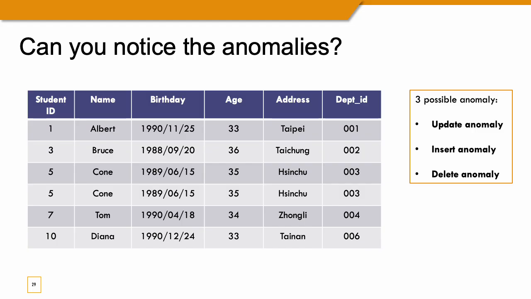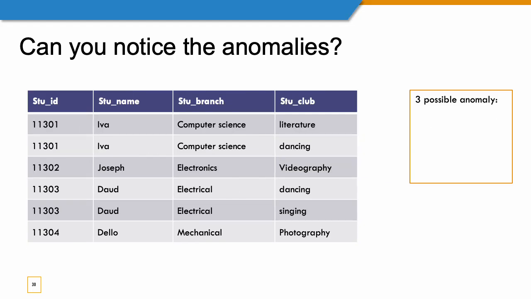All right, let's take another table. In this table, we have listed students with their name, their ID, their branch, and their respective club.